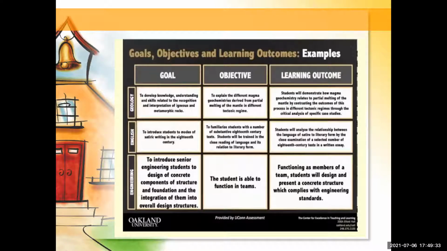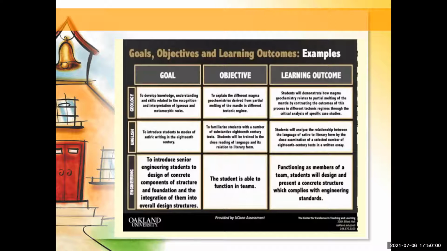And this table also contains some examples. Here, 3 different subjects are given, if you pay attention. So let's pay attention to the English one in the middle. For example, the goal of the English lesson is to introduce students to modes of satiric writing in the 18th century.